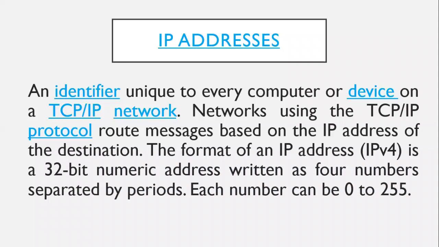So it must be that every device in the network has an IP address that is different from each other. The original IP address format, which is IPv4, is a 32-bit numeric address, where the numbers can only be from 0 to 255.